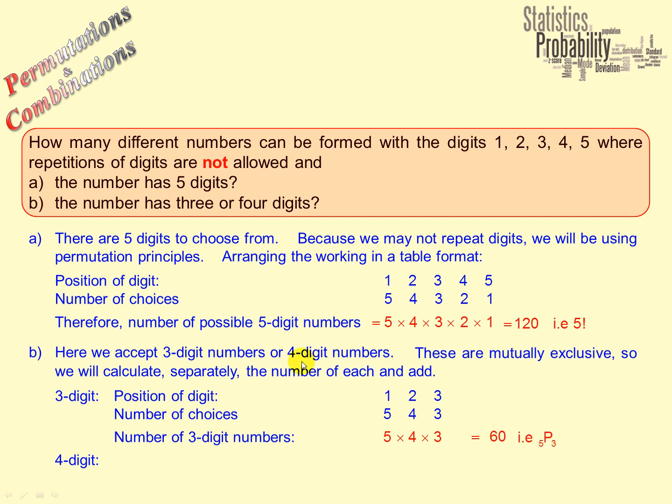We're taking 3 of the 5 digits, so it's 5P3. 4 digits, position of digits, we will have 4 places, and it's 5, 4, 3, 2, giving you 120, and that's 5P4. So the total number, we add the 2 mutually exclusive numbers to get 180.